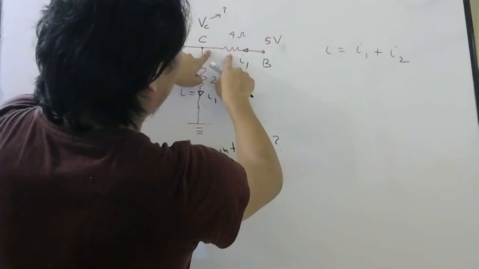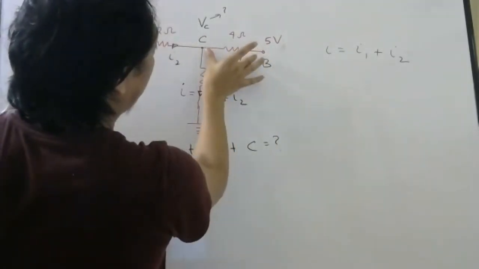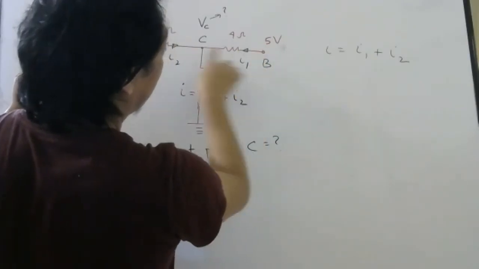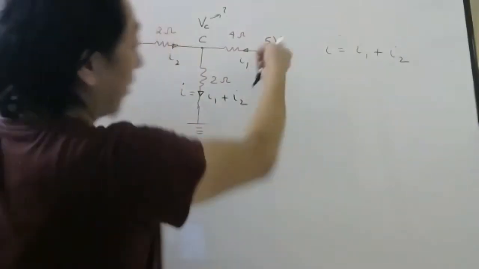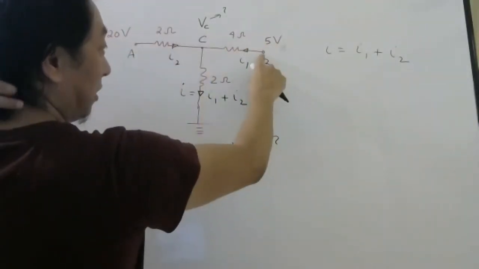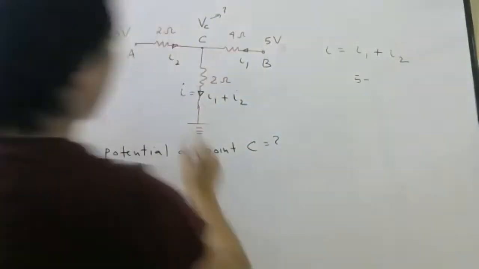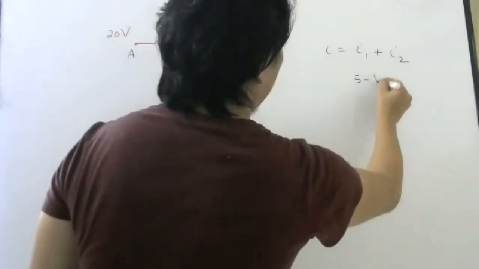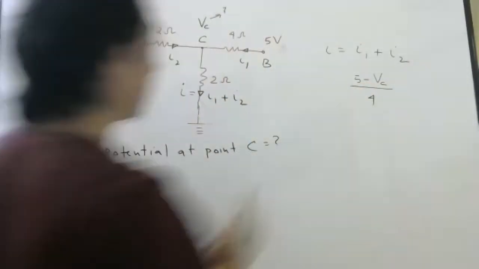For this resistor, how can I find current? Use Ohm's law. What is the potential difference here? This is 5 volt. This we don't know. Since current is going like this, since I am showing this way, that means I am assuming this is higher potential. So I1 will be 5 minus this potential, VC, divided by resistance, 4.